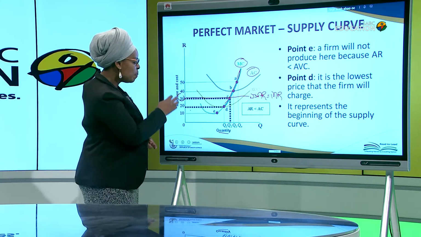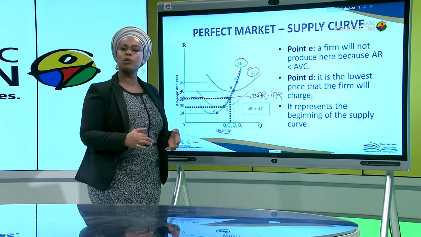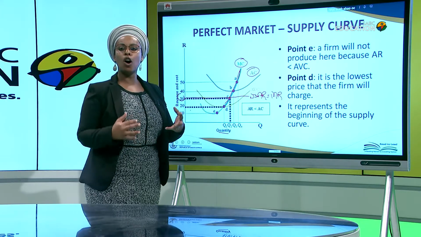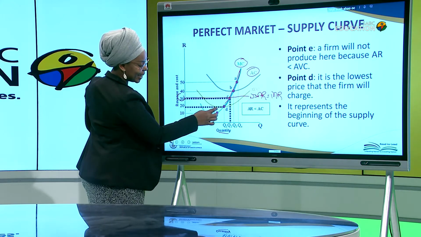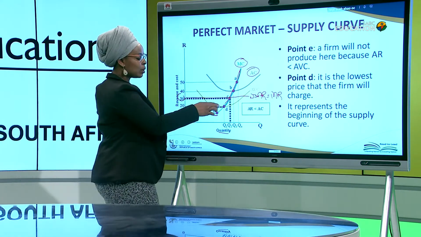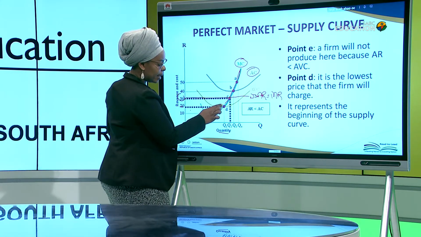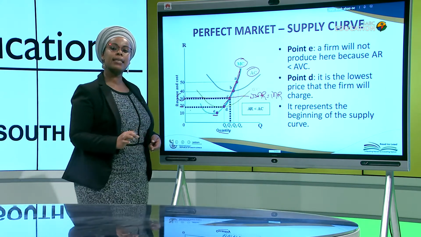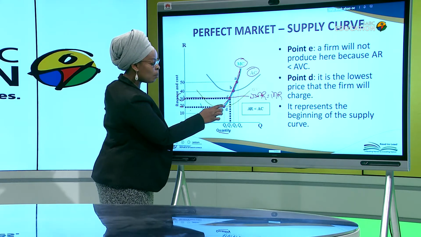It is below the market price of 30, meaning that the business cannot be able to pay for all its total cost, or for all its fixed costs and variable costs. So there's no production at point E. Nothing is supplied. The business will start to supply at a price of 20 where the MC curve is solid. Hence, we're saying that this is the supply curve. Why is the business supplying from point D?